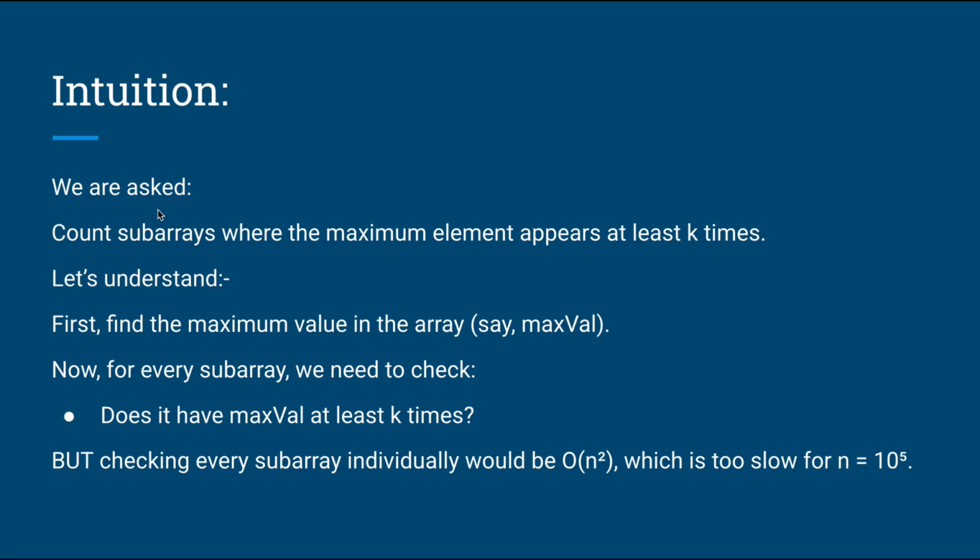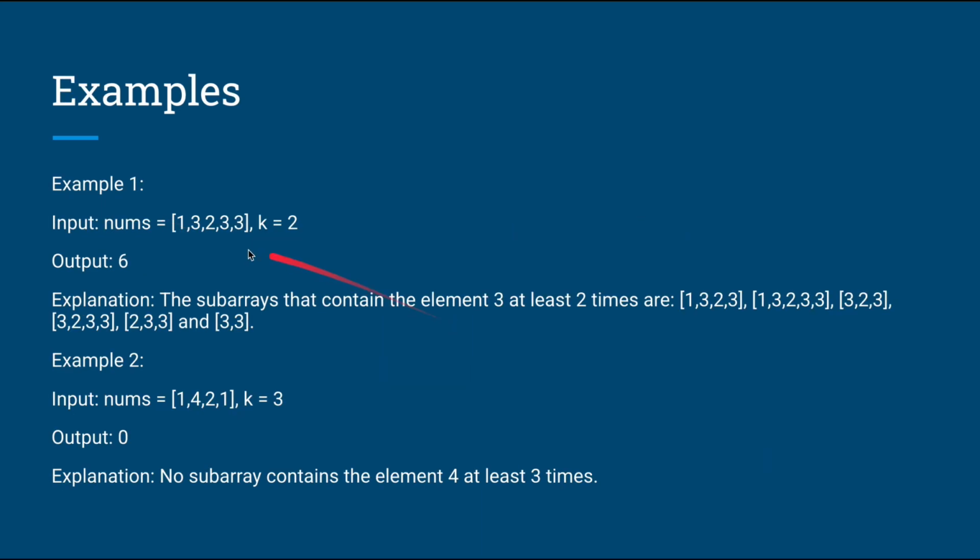So you will slide the window in the array and then you will check how many times the number appears inside. Let's suppose, for this array, how do we slide a window? First of all, the window is 1, 3, 2, 3, from here to here.